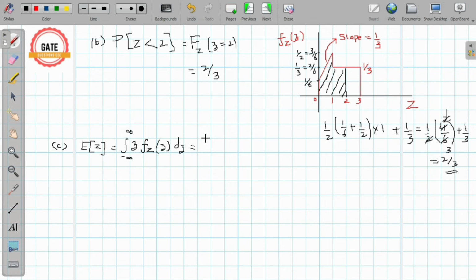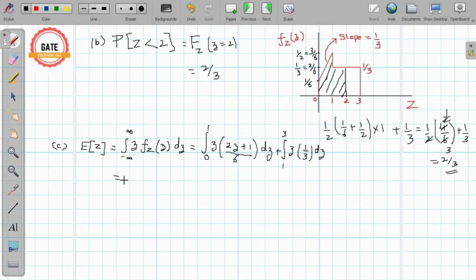So that will be equal to integration from 0 to 1 z times the PDF in this range, which is 2 times z plus 1 by 6, dz, plus integration from 1 to 3 z, and PDF in this range for z is 1 by 3, d of z.